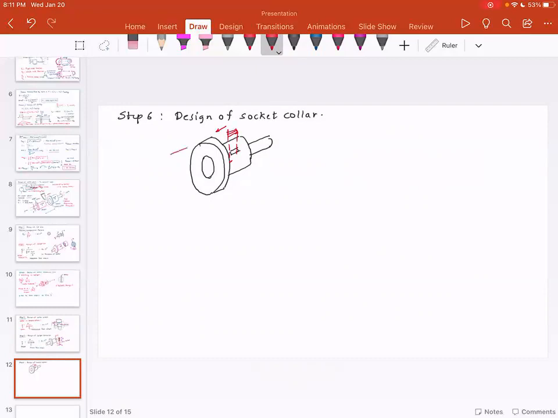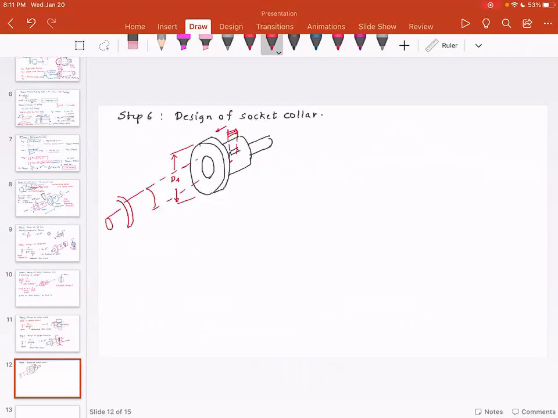So this dimension, I'm gonna call this as D4. And please note this dimension, it's same as the Spigot Dia, because Spigot is going to go inside this dimension.